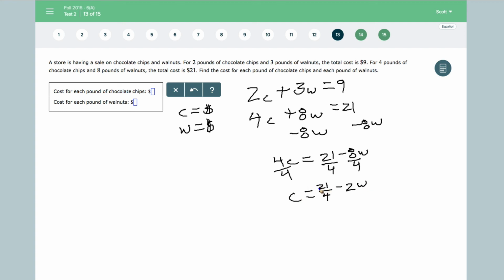Okay, there's my C right there. So anywhere I see a C, I can rewrite that. That was the bottom one, so now I take the top one and plug it in.